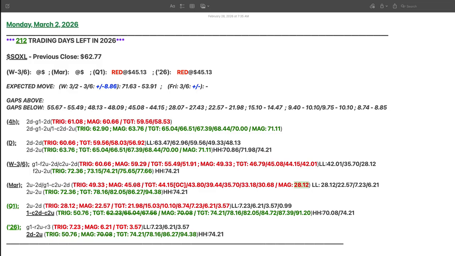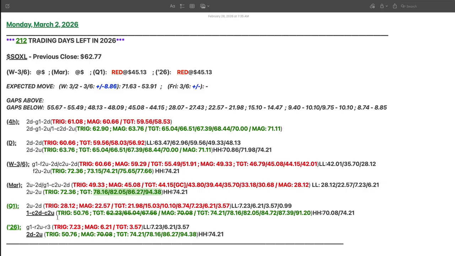So even if we do get down to this 49.33 and reach magnitude there and then still trigger this 1 combo 2 up, combo 2 down, we've got things like 44.15, which is a gap close as an intermediate target, and a couple of other intermediate targets as we make our way down to that level, just because that is such a huge move. Now, if we go to the upside, we get this 2 up continuation, again, triggering at 72.36. And, of course, all-time high would be the first target, but from a monthly perspective, if we're going to make a bigger move, these are going to be our extended targets.